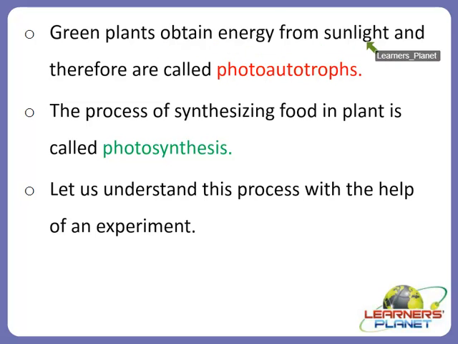So photo means sunlight, auto means self, and trophs means nourishing: self-nourishing with the help of sunlight. And the process of synthesizing food in the plant is called photosynthesis. Photo means light and synthesis means combining it together.